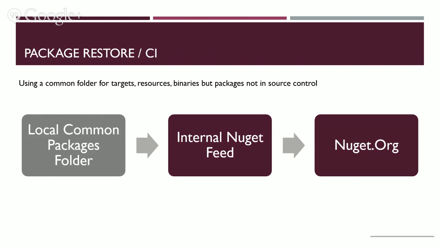Package restore and CI. So again, you've got the local common packages folder, and then as part of the sources parameter within NuGet.org, you can define a package source to then navigate to before NuGet.org. So the local common packages folder is your start, and then it progresses to the internal NuGet feed if that package isn't available locally, and if it's not available within the internal NuGet feed, then it goes to NuGet.org.